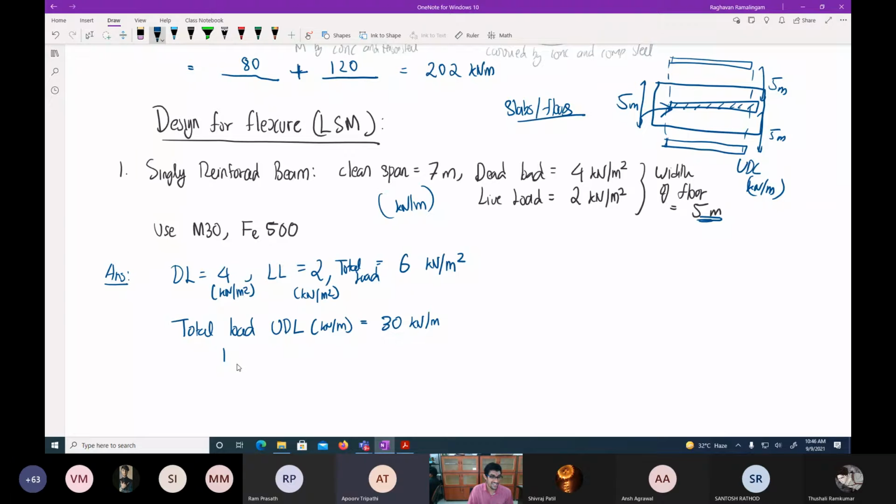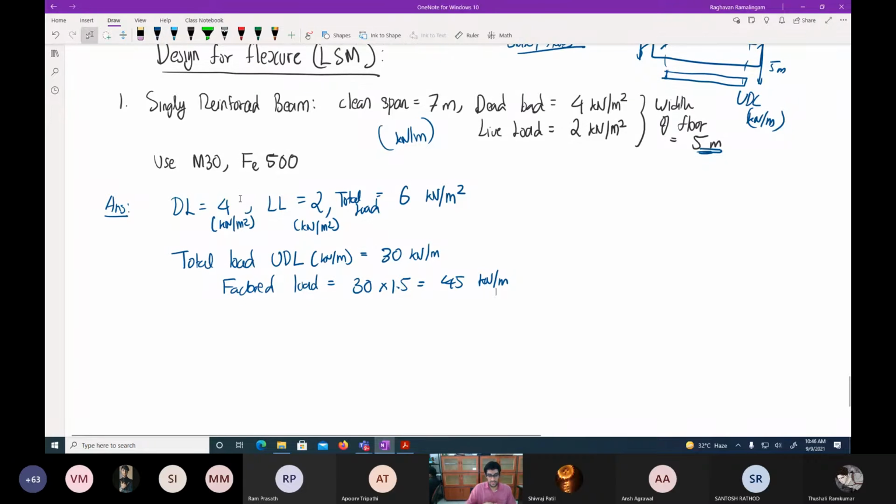How much is that? 1.5 or 1.2? It's 1.5 because dead and live loads both act in the gravity direction. You can use 1.5. So the factored load is 30 times 1.5, which is equal to 45 kilonewton per meter.